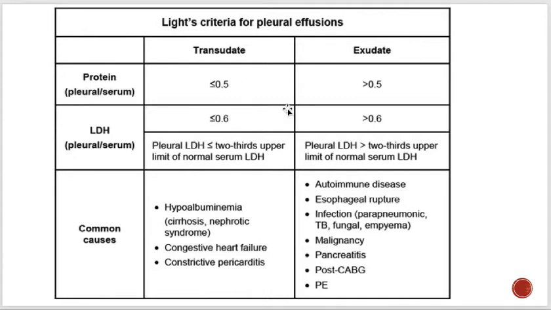Once it is done, then based on the findings, either it's a transudate, which is mostly bilateral, or an exudate, which is mostly unilateral, it will guide us towards further investigation. If it is a transudate, you can do multiple investigations. If it is an exudate, you can do multiple investigations, or you can search for the causes.